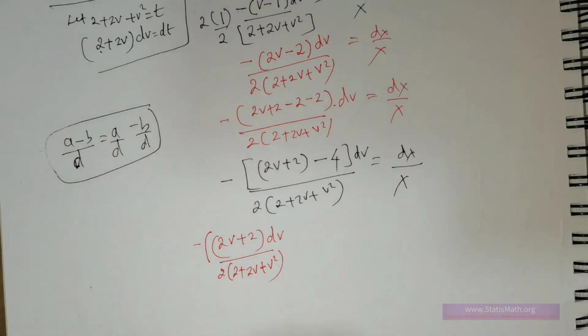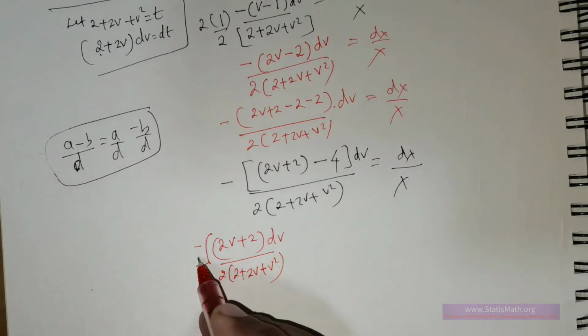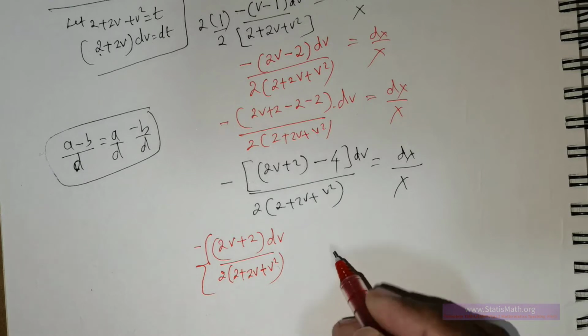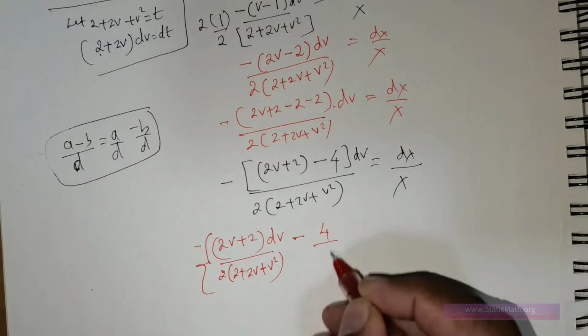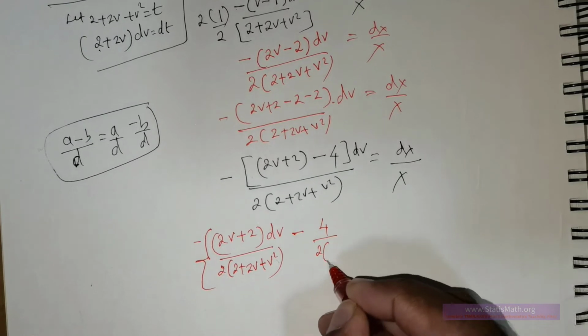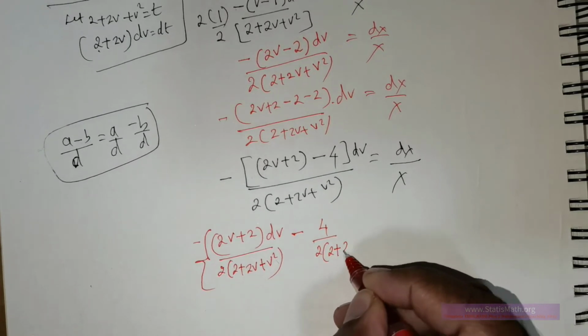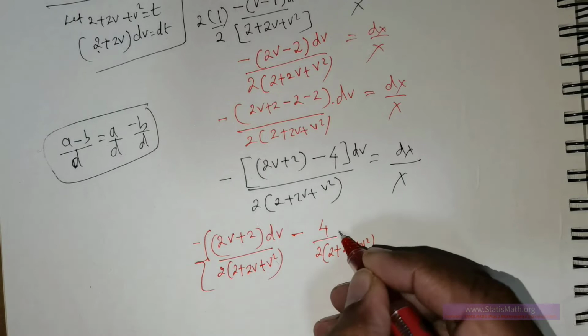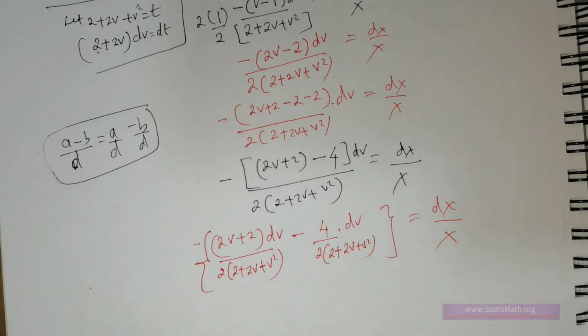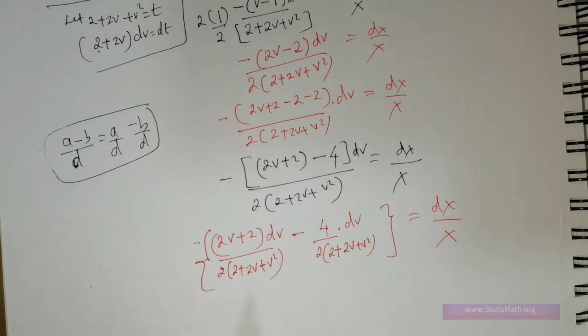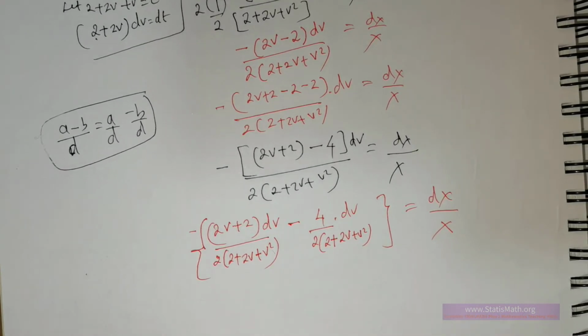So this is one term. Of course there's a negative sign, that's why I'm placing the negative sign there. Followed by negative of 4 over 2 plus 2v plus v squared times dv, equal to dx divided by x. So this is the representation.